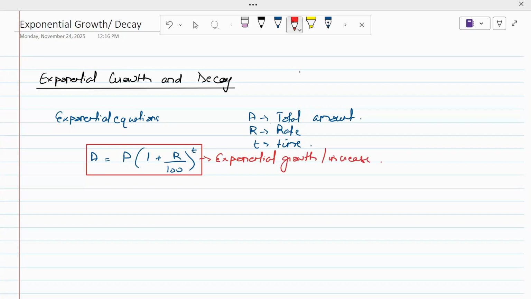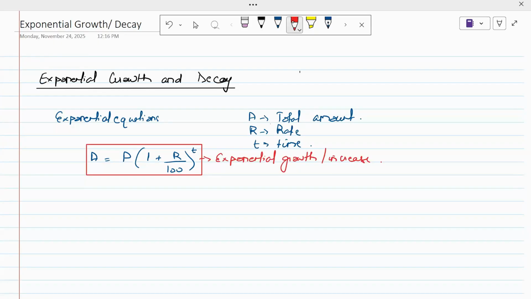But here in this lecture, we'll be talking about other scenarios also where we can apply the concept or equation of compound interest. Other than financial terms, other than money involved, we have the exponential concepts applied on different scenarios also. And then we can also expect the cases of exponential decay.